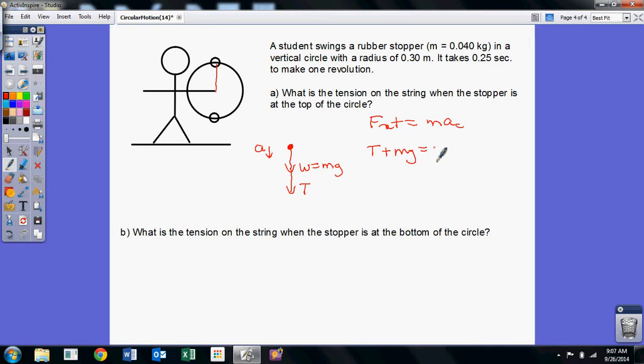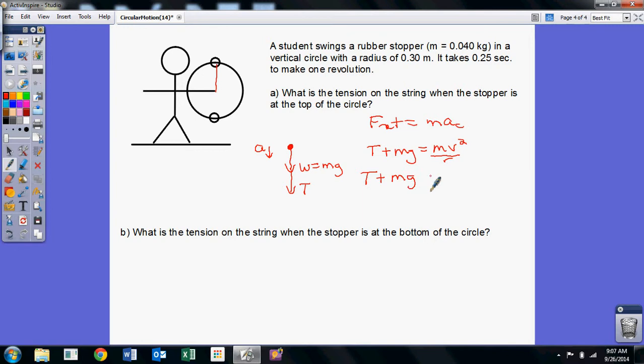So that's going to equal m times v squared over r. Now I know that v is equal to 2 pi r over the period, so I can do a little substitution here. Excuse me, that's a plus.